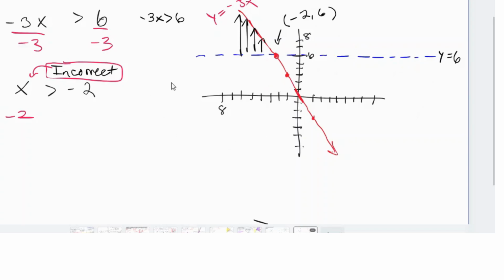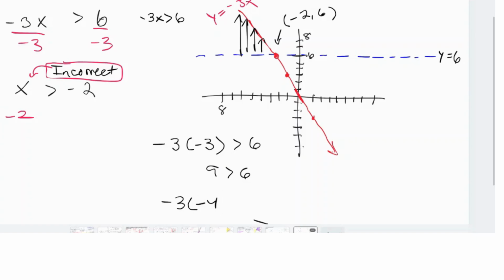But then what happened? Well, let's do just one test value beneath -2. If I do -3 times -3, then I get 9, and that's greater than 6. If I do -3 and -4, I get 12, and that's greater than 6.